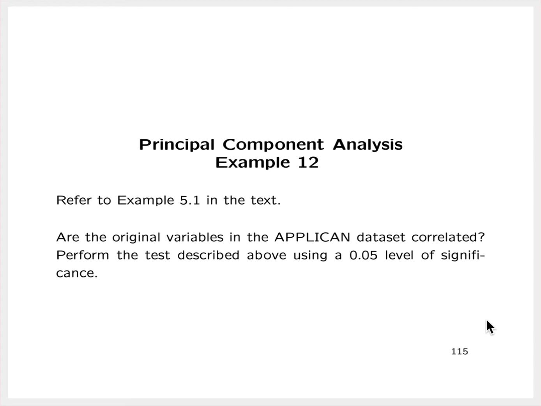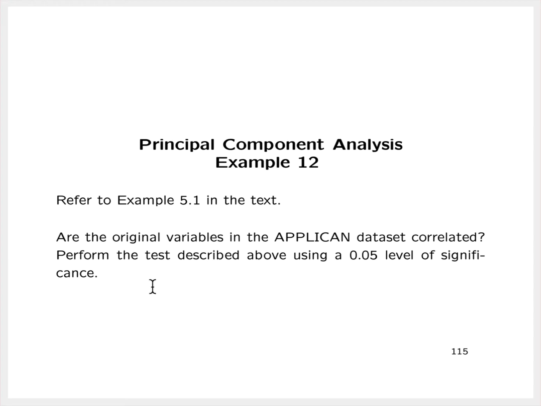In other words, that the population covariance matrix is diagonal, against the alternative hypothesis that at least one pair of those variables has a non-zero covariance and therefore non-zero correlation. In other words, that the population covariance matrix is not diagonal.